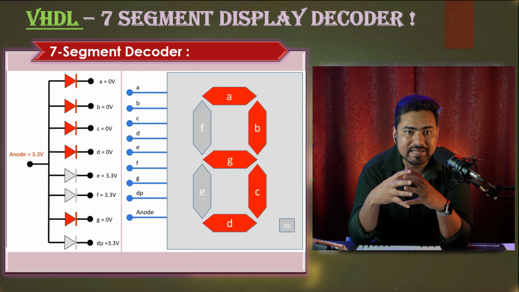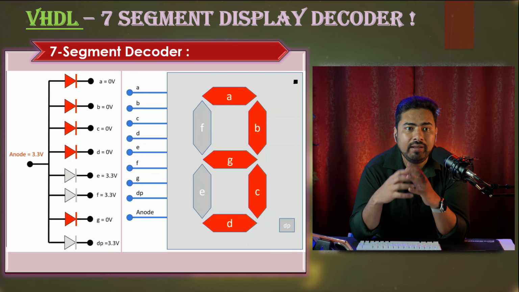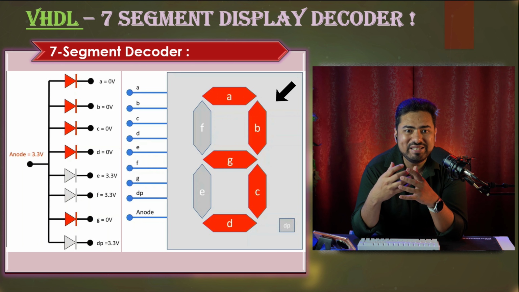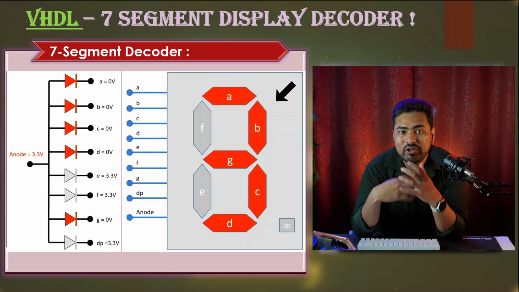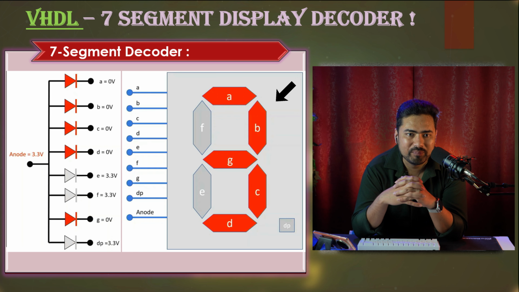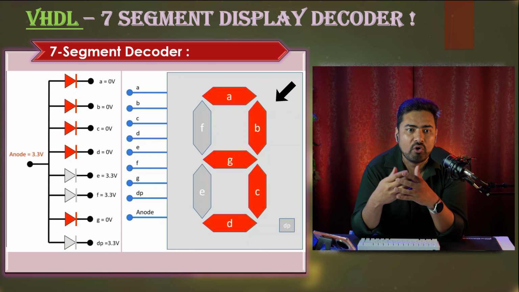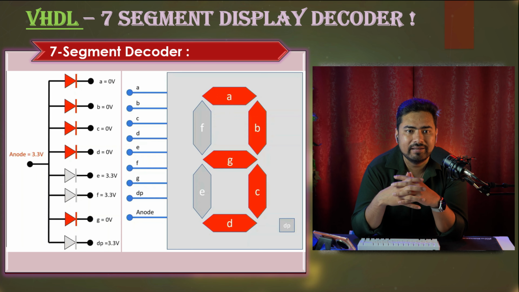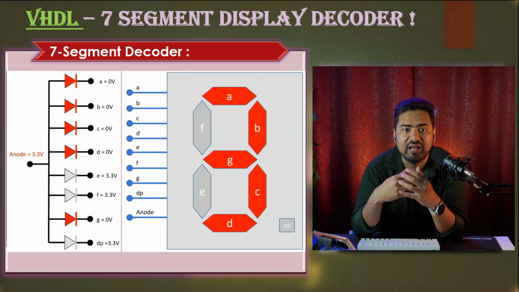Now by using this concept, if we want to see number 3 on this 7 segment display, then we need to make sure that these specific LEDs should be on and the rest of the LEDs should be off. You can see that each segment is marked with its name here.